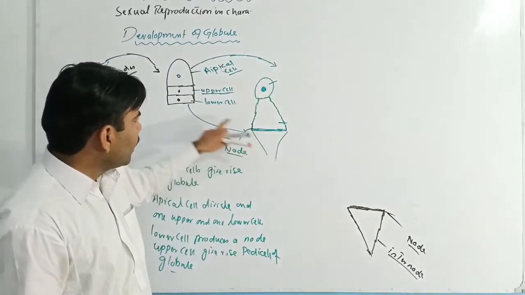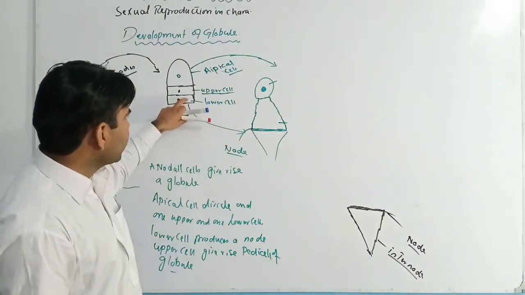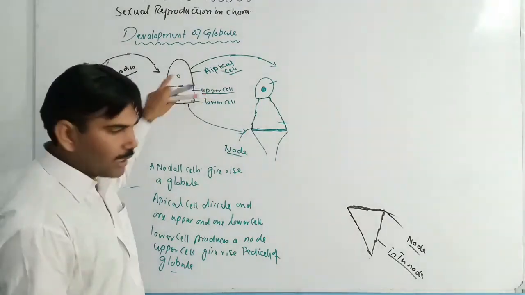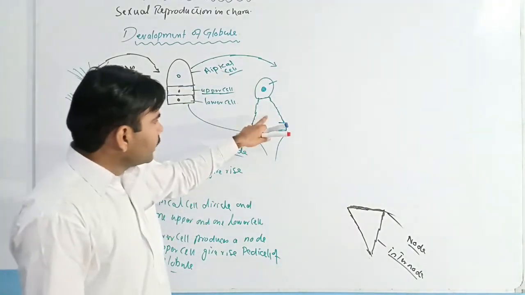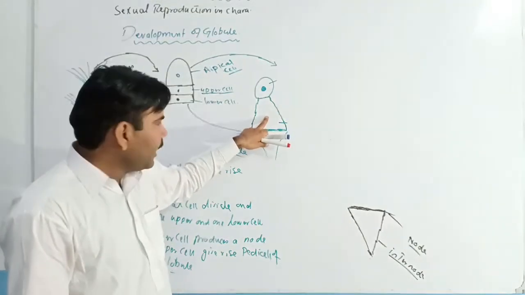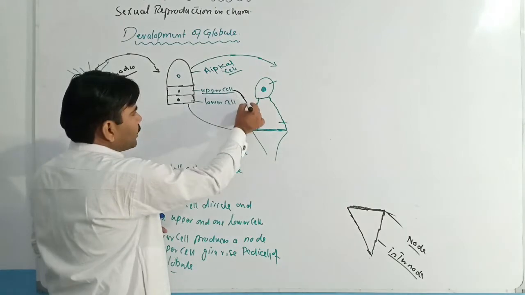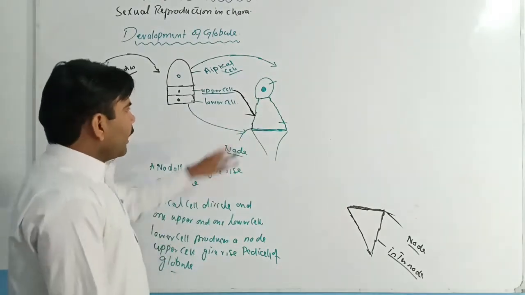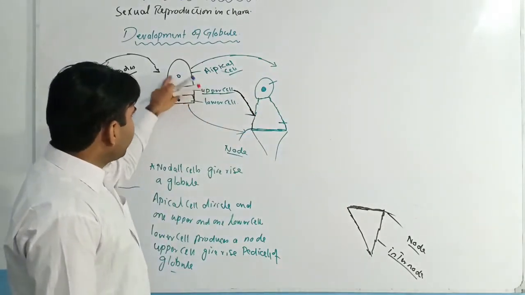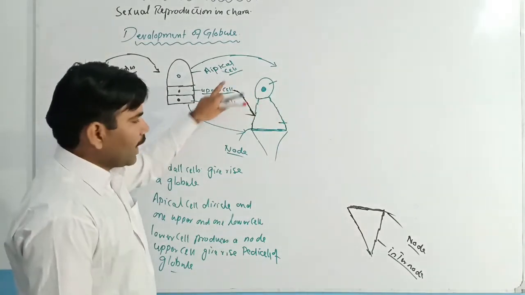This node is formed from this cell, which is formed as a result of division of this apical cell. This is a structure which is known as pedicel, and this pedicel is formed from this upper cell. And on top of the pedicel there is a cell which is known as the apical cell.